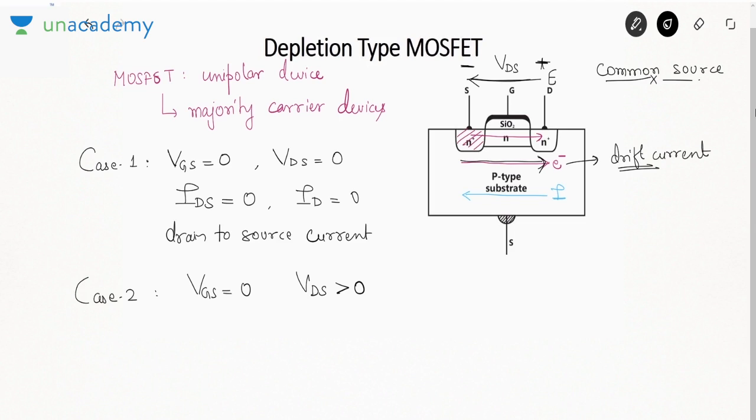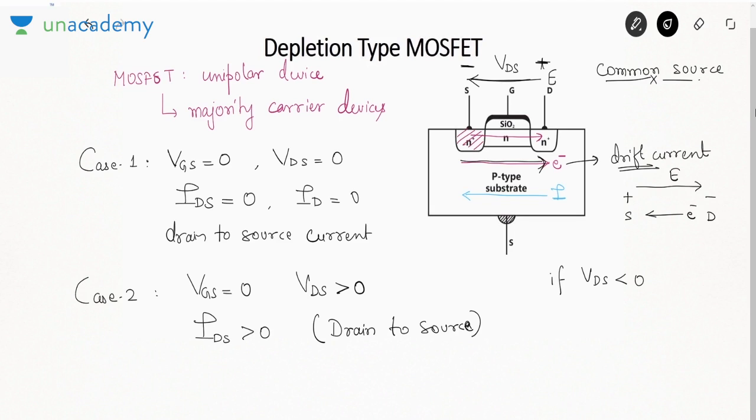Now when VDS is 0, the drain to source current will be positive, or current will go from drain to source. Okay. Suppose VDS was taken as negative, that means source would be positive and drain would be negative. Then electric field will be from source to drain. Electrons will then go from drain to source, or current will go from source to drain.